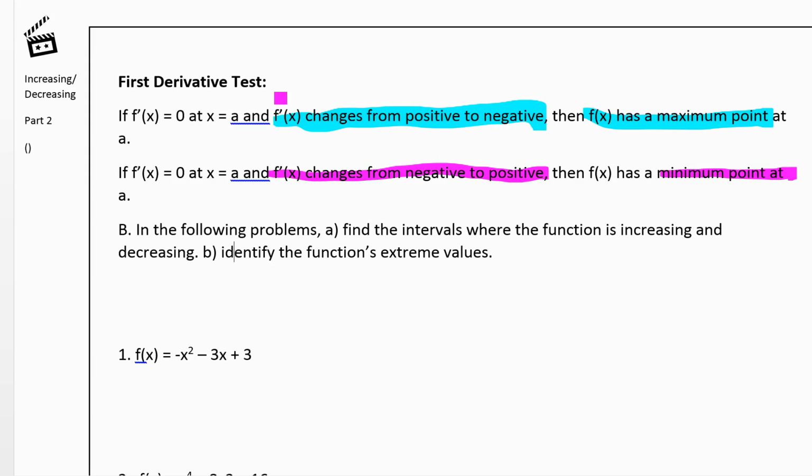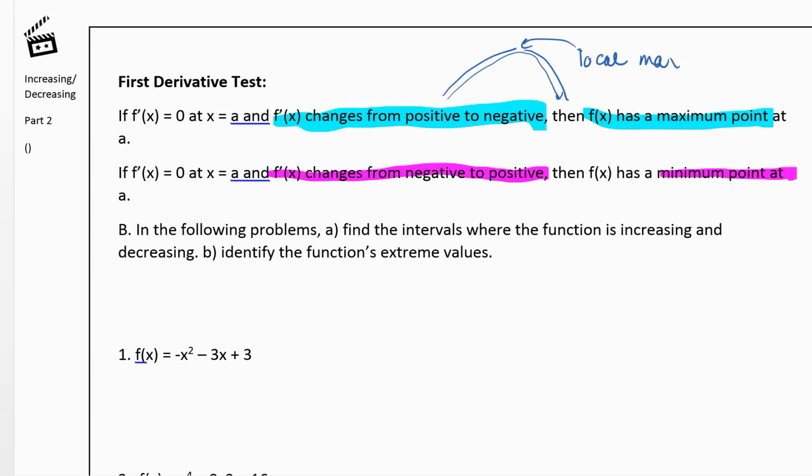Let's look at this first part. It says if f prime of x changes from positive to negative. Now, when f prime of x is positive, our function is increasing, right? When it's negative, we're decreasing. Well, all this is saying is if you go from increasing and change to decreasing, you're going to get your local maximum point.